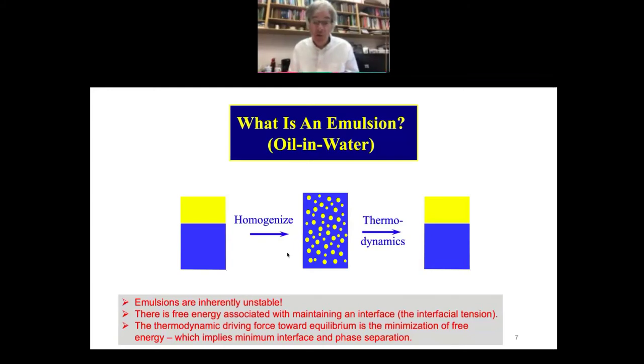Thermodynamics will take over to try to minimize the surface area, minimize the free energy, and within a very short period of time, you'll get phase separation again. So emulsions are inherently unstable, and as they move towards equilibrium, they will lead to a phase separation to try to minimize the surface area.